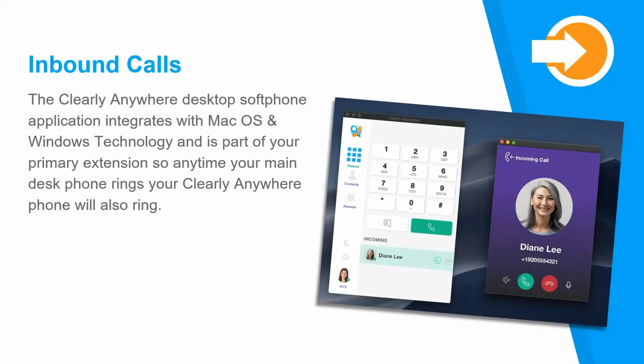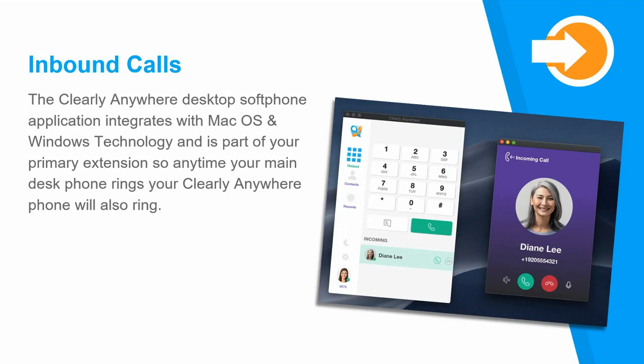So Clearly Anywhere Desktop is integrated with FreePBX, so every instance that has been installed becomes part of your extension. So if your primary extension is 100, then it's going to be the same for your softphone extension. And any calls directed to your extension, whether from a queue, a ring group, or a direct dial, will ring on both your desktop softphone as well as your desk phone if you have one.